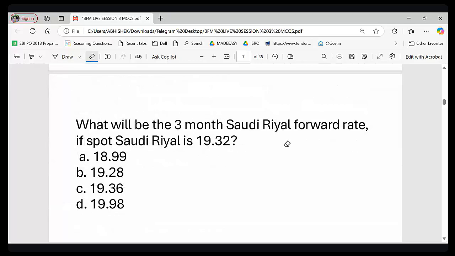This is the third question: what will be the 3-month Saudi Riyal forward rate if the spot Saudi Riyal is 19.32? I hope all of you have taken the screenshot.